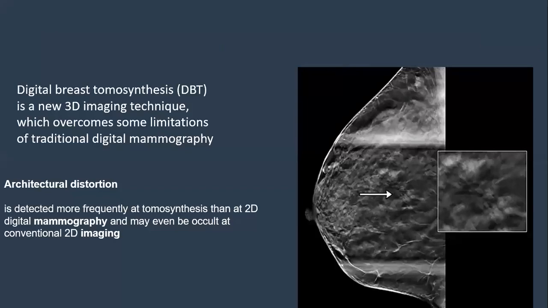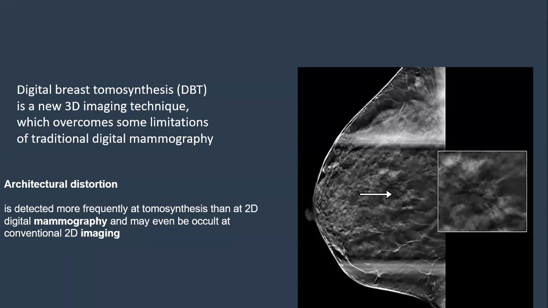Okay, so what about this image? And what does it demonstrate? This is a tomosynthesis image. Excellent. It shows an area of architectural distortion as radiating lines from a lucent center. And the square, what about the square?